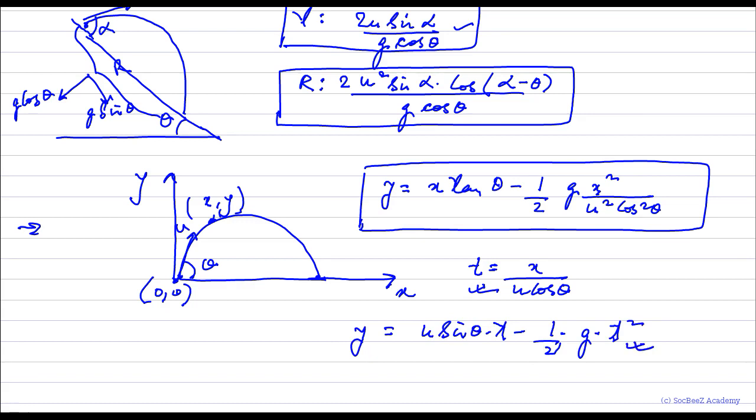So basically in this particular expression I need to replace t by x by u cos theta, and I'll obtain this expression. So these are the three fundamental concepts which we need to remember in case of projectile motion.